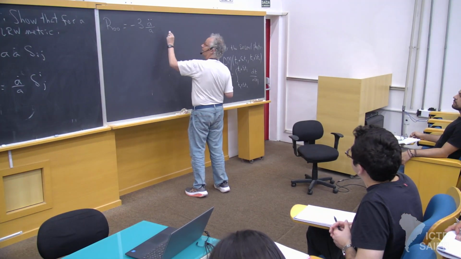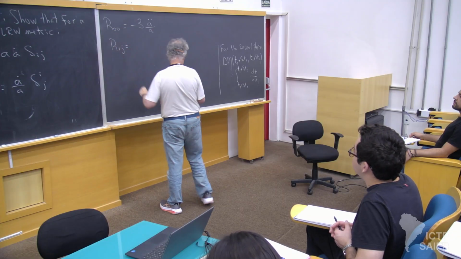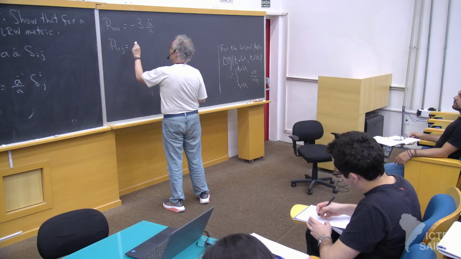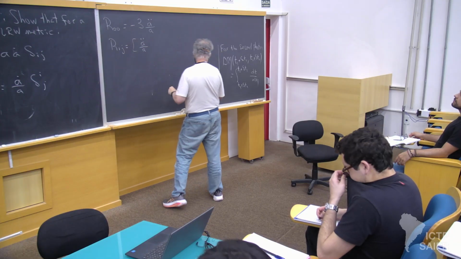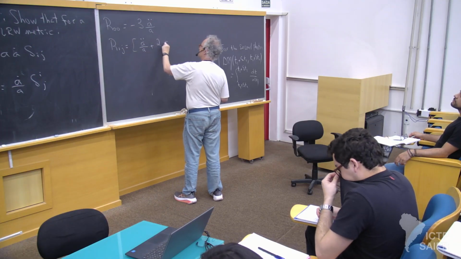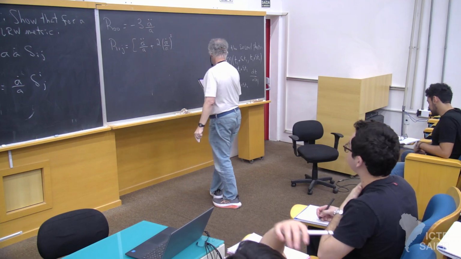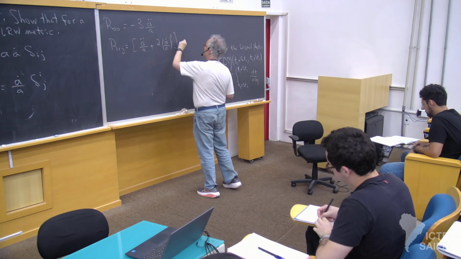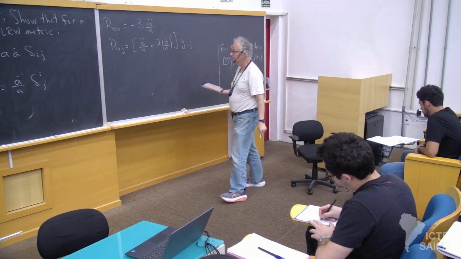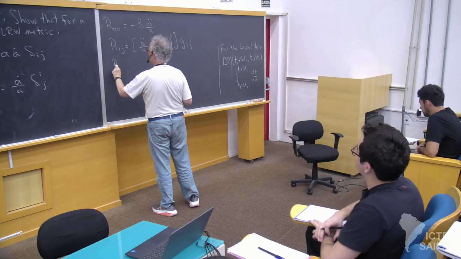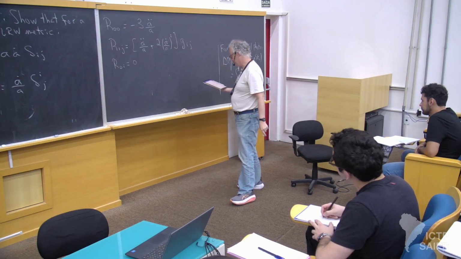So Rij is A double dot over A plus 2 A dot over A squared, times gij. And in particular, R0i is 0. Now, this is actually isotropy also, if you want.